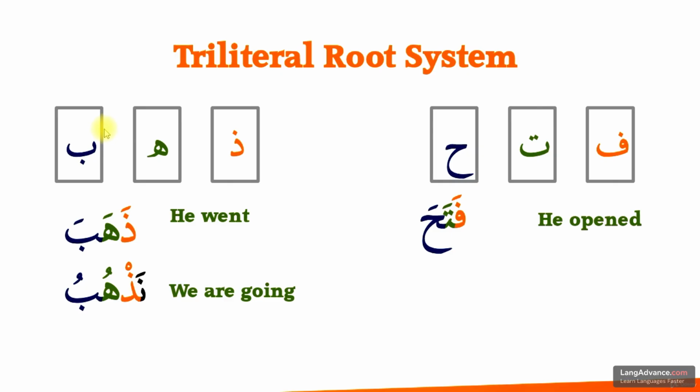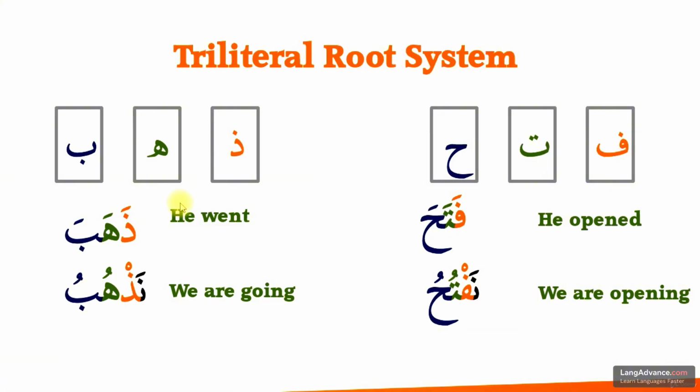So I expect to have the meaning of we are opening. I want to apply the same morphological rule that I used from these three letters that gave me this word. I want to use this rule here. So to use this rule, I have to add this letter first, and then the three root letters. So these three letters with these vowels and this additional letter here. This is how it should look like. And we get the meaning of we are opening.